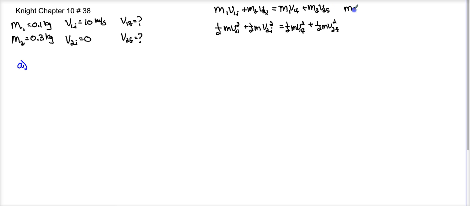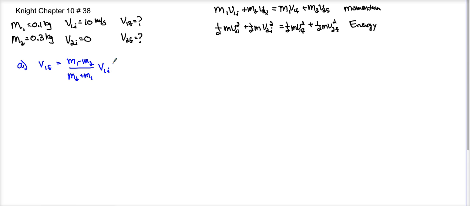And this would be your momentum equation, and this would be your energy equation. And you could solve for them, and you would get a couple equations that the book gives you on page 311 that says V1F is going to be equal to (m1 minus m2) divided by (m2 plus m1) times V1I.